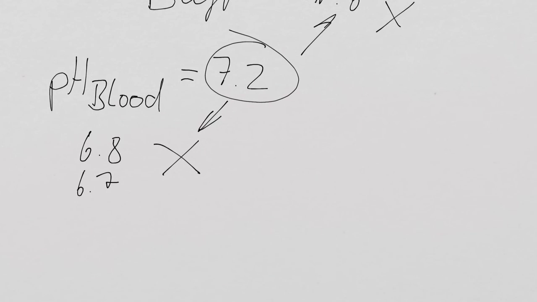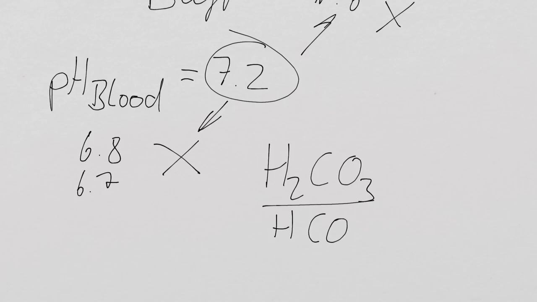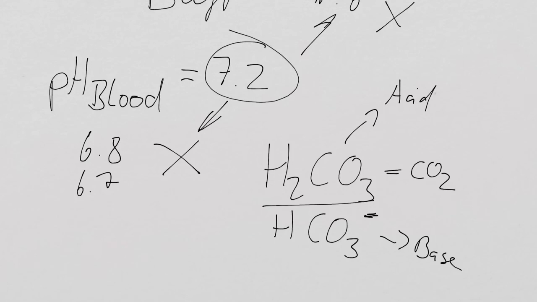This buffer system consists of actually carbonic acid, H2CO3, and the base HCO3 minus. So in the blood you have the acid and the base. And this acid actually is not carbonic acid as such, it is the same as carbon dioxide.